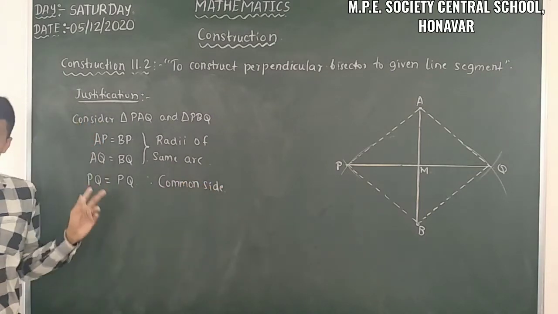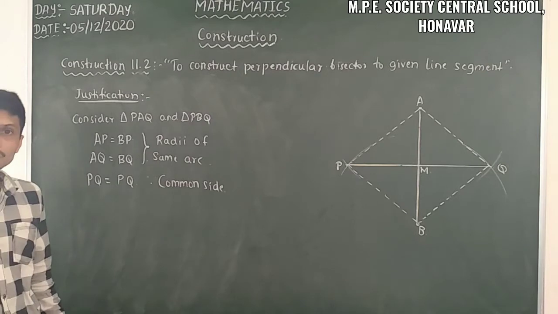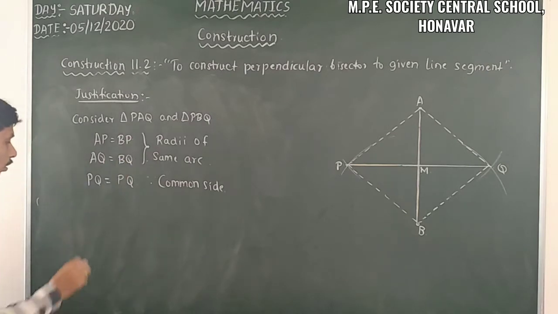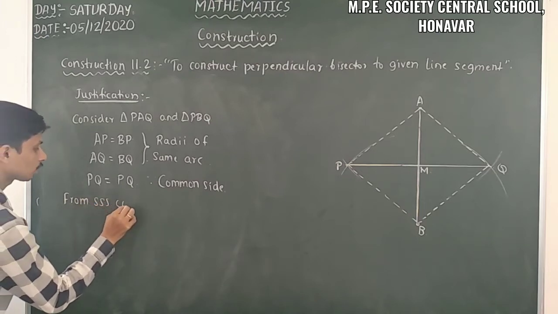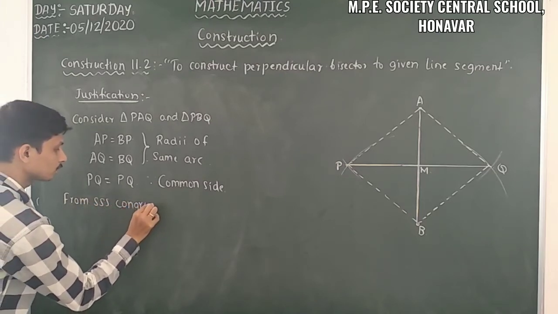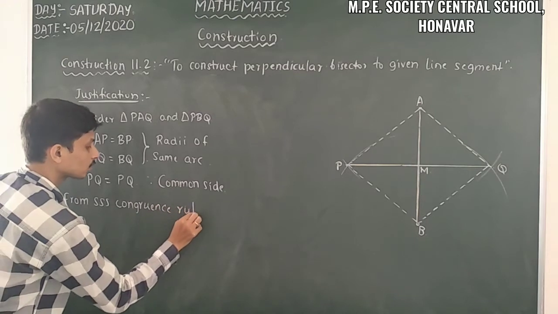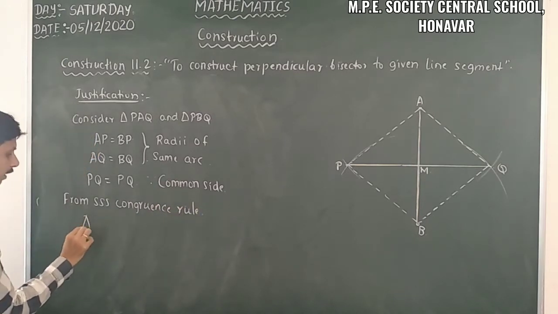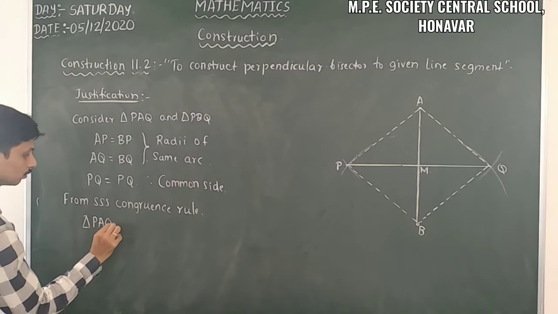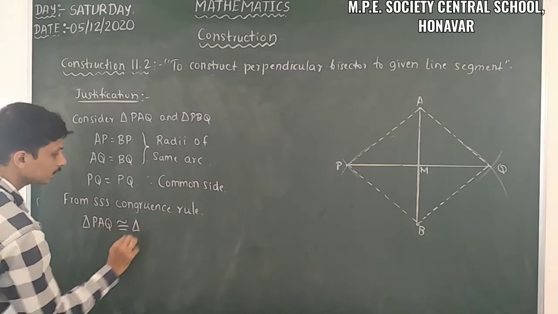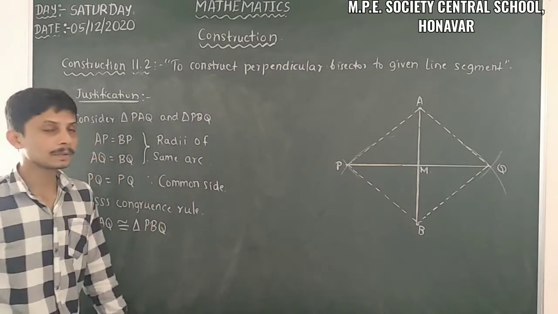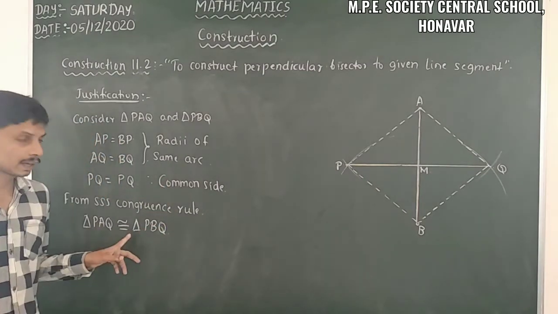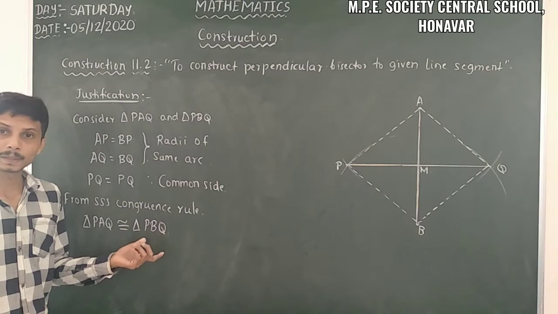So here we have the SSS congruence rule. From the SSS congruence rule, we can say those two triangles are congruent: triangle PAQ is congruent to triangle PBQ.